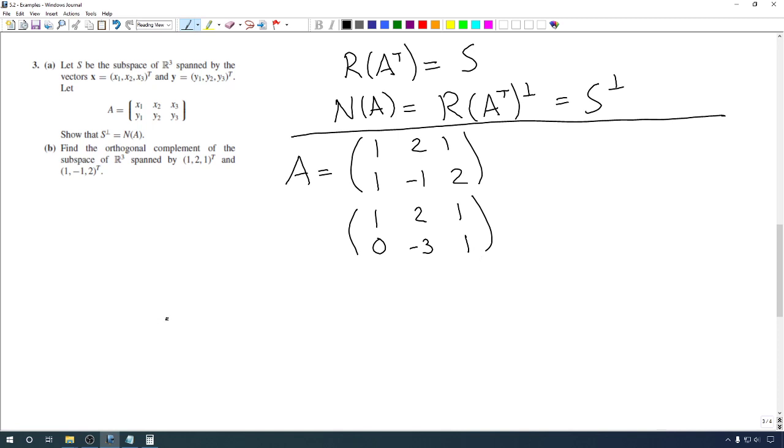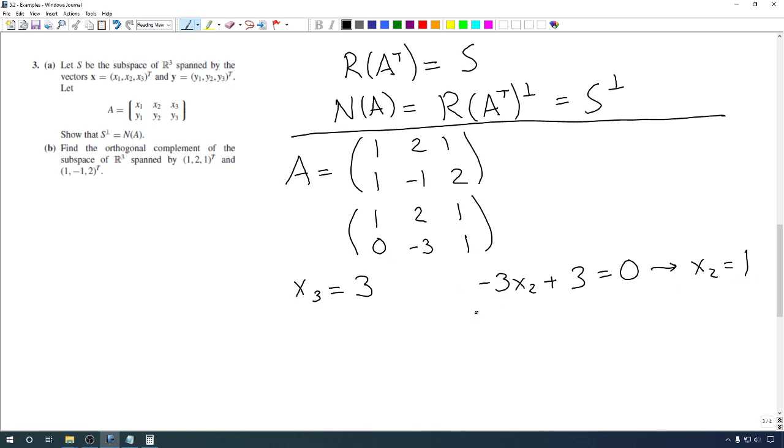So we can go ahead and pick something for x3. Again, I'm going to pick 3 here just so I can avoid fractions. That allows us to say that negative 3x2 plus 3 is equal to 0. So x2 is going to be 1.